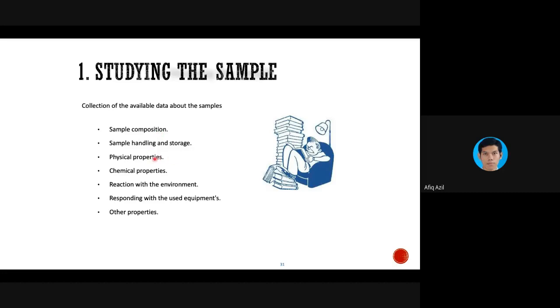And the physical properties like the flash point, whether if it hits a certain temperature, it can combust by itself. Then the chemical properties, whether it is compatible with other materials or not, its reaction with the environment, and how it will react with the instrument or apparatus that you are going to use, and some other properties.